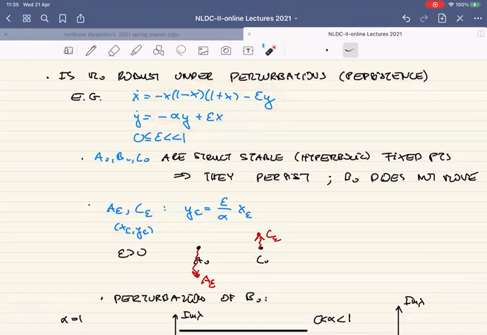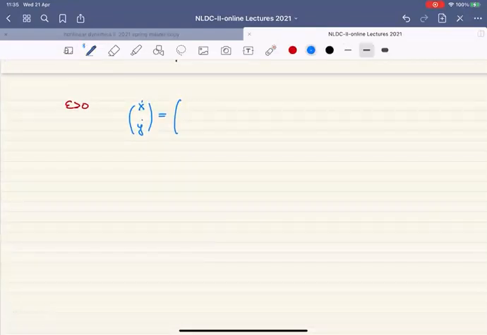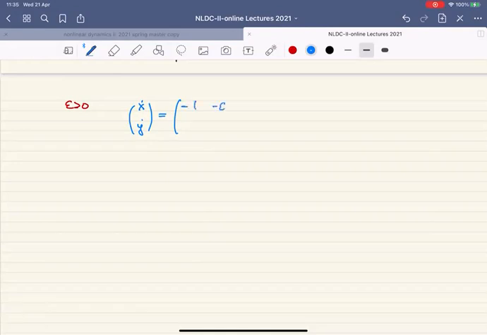I trust you can do that, because these are the terms of relevance for that calculation. These are the only 4 terms, the linear terms, that will appear in the Jacobian. And remember, the only thing to remember is that alpha is now equal to 1, because I'm looking at that singular case. So when you take those partial derivatives, it will be minus 1, minus epsilon, epsilon, minus 1 in that case.